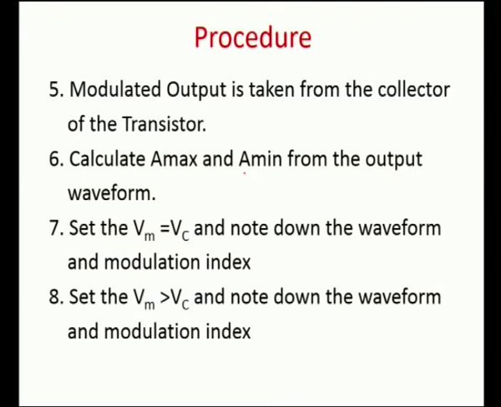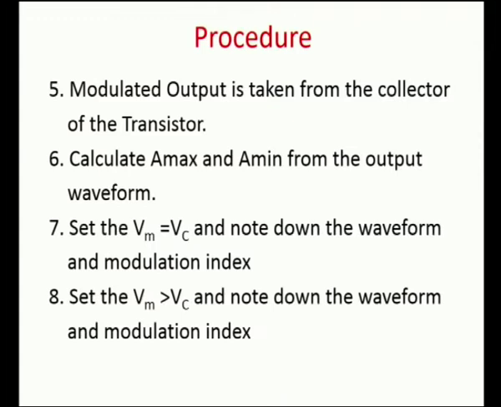One of the most important things is that you can set the message voltage to be equal to the carrier voltage. At that instant, how will the waveform look? You can observe many different values.